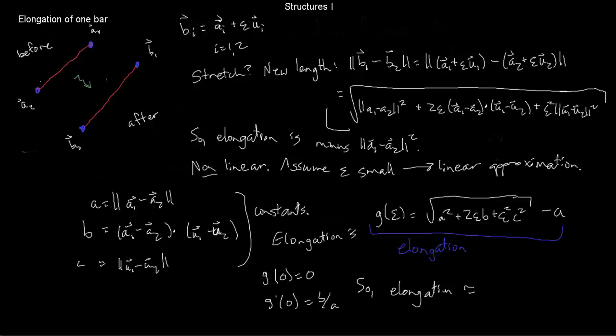So the elongation, as long as epsilon is small enough, should be epsilon times b over a, approximately. Which, remember, b over a, what's that? b is a1 minus a2 dot u1 minus u2, and a is norm of a1 minus a2. So all of this times epsilon, as long as epsilon is small enough.